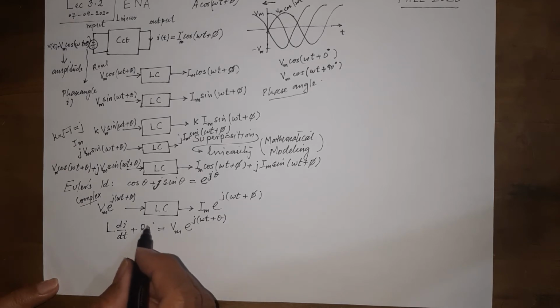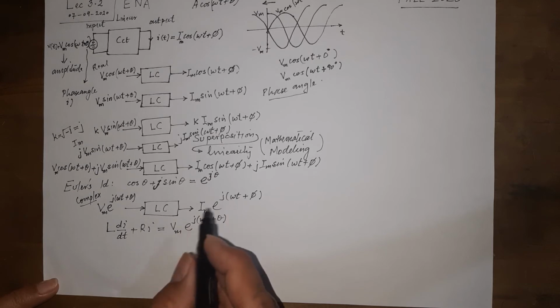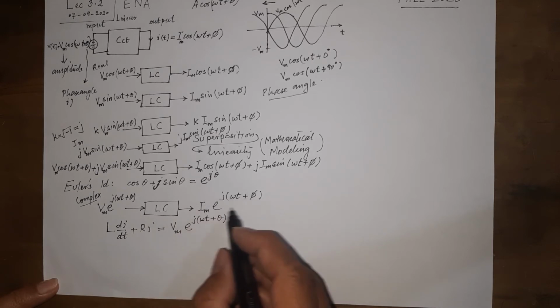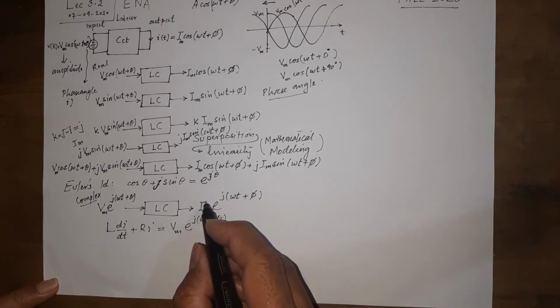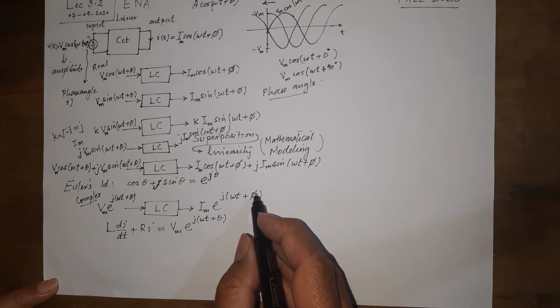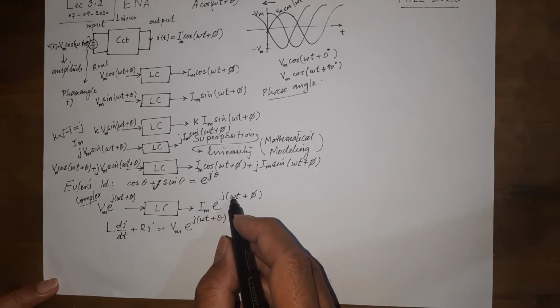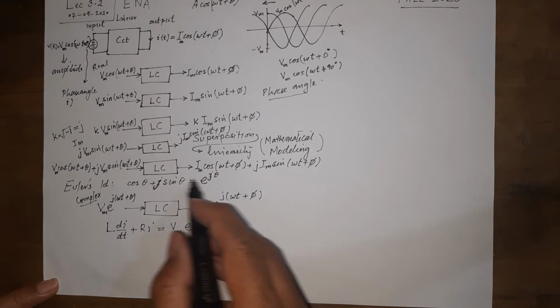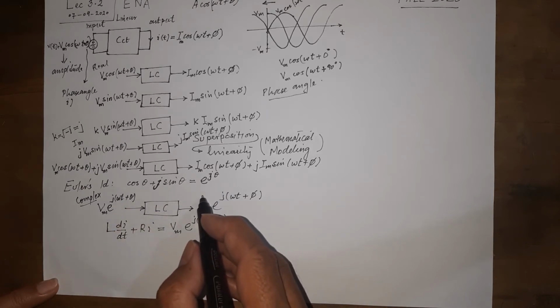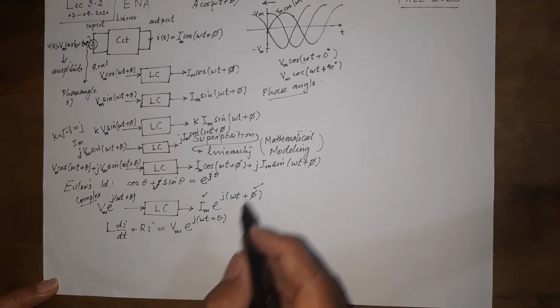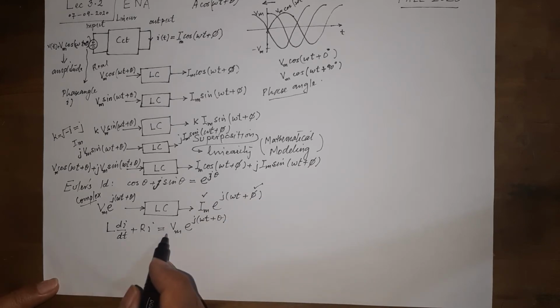And we need to find i. In finding this, what are the unknowns? We need to know what Im is and what phi is. We know this is iota, this is omega, and it's going to remain the same as the input. So the unknowns are only Im and phi. We need to solve this to find the expression for i.